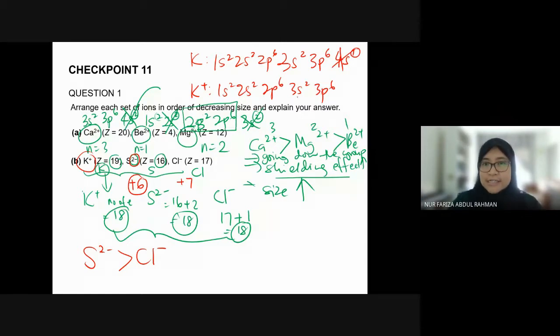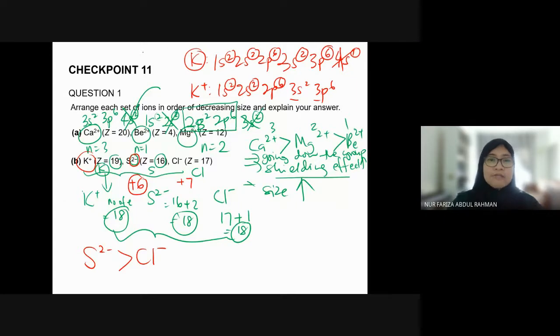As you can see, the valence shell is now changed to N is equal to 3 now. Nampak tak? So the number of core electron is now on this one. Tadi, for potassium tadi, the number of core electron, we have 1s2, 2s2, 2p6, 3s2, and 3p6. This will be the number of core electron.